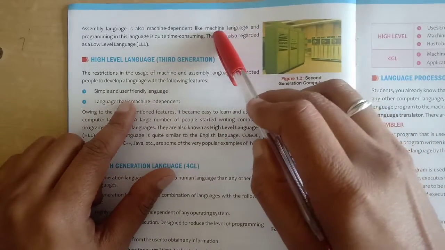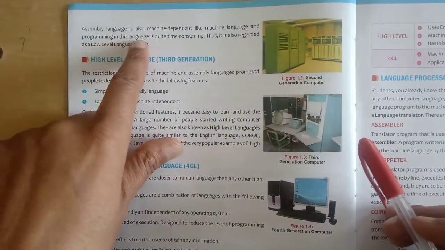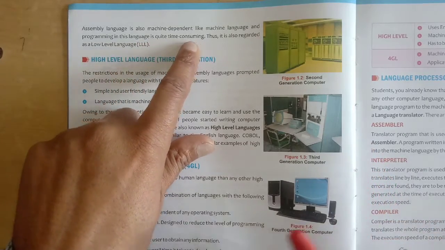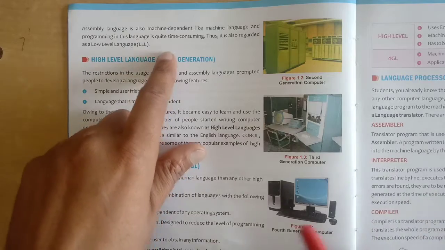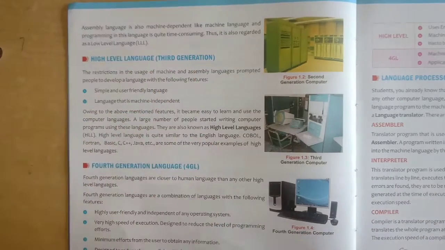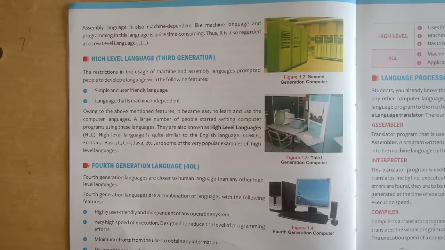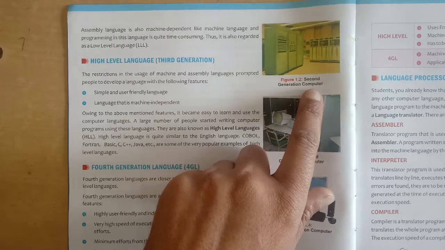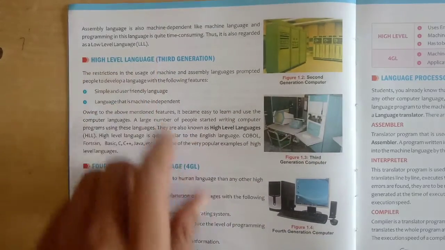Programming in machine language is quite time consuming. Quite means here clearly, and time consuming means it consumes time. So again the users and computer experts gave this generation's language the name low level language.